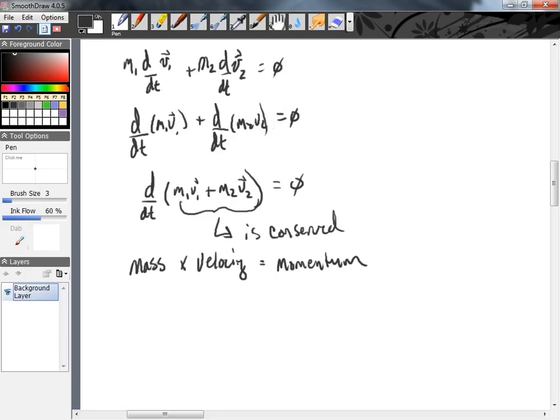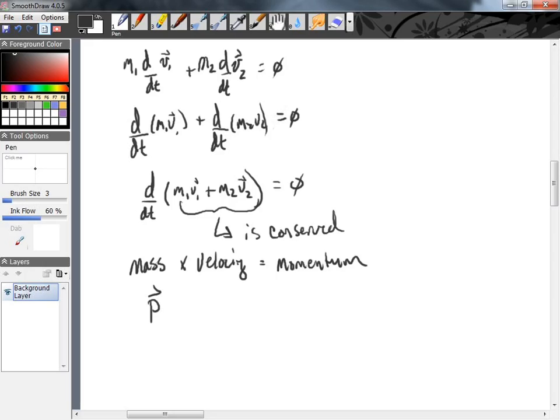Well, because all the cool letters are taken, in the infinite wisdom of those of us that do physics, we decided to give it one of the only remaining letters that doesn't really have anything attached to it, and that is P.